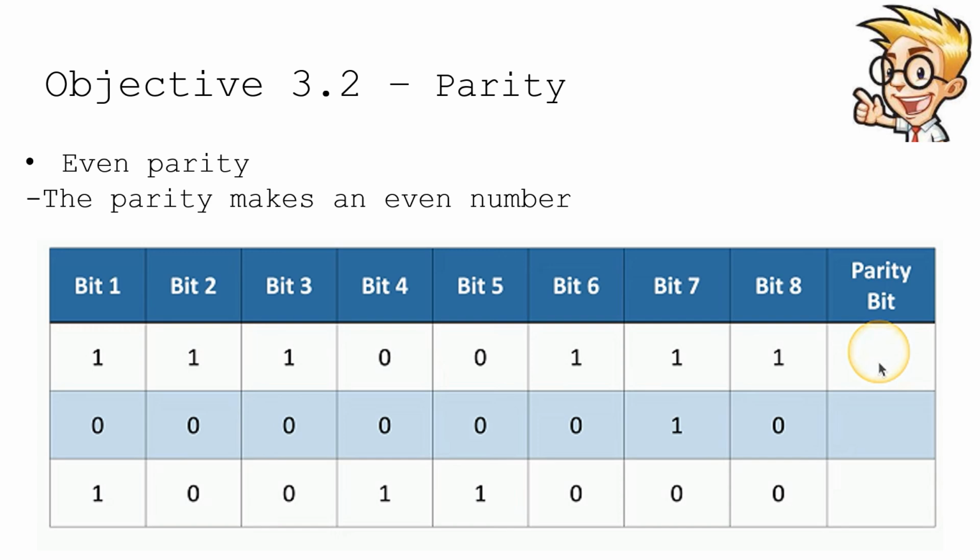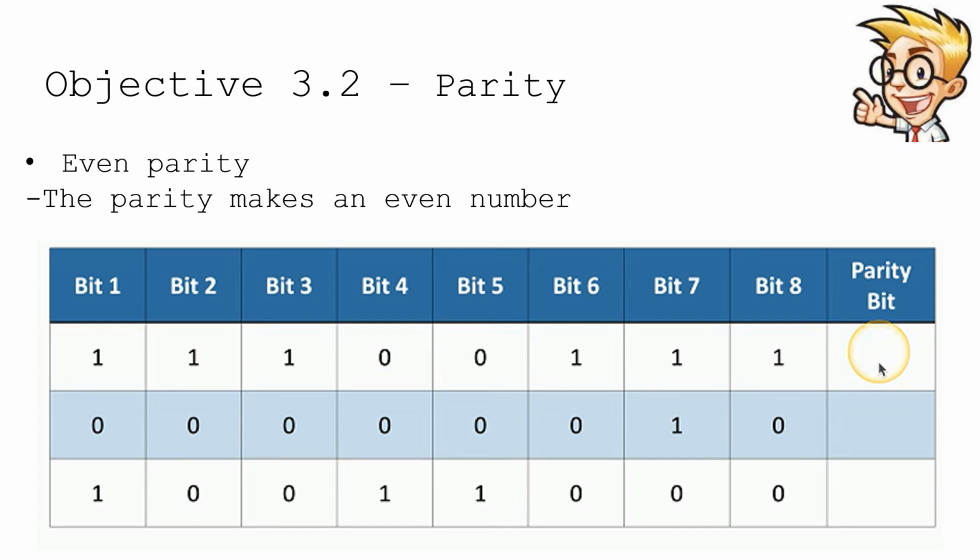Let's take the next bit of data down on the next row. This data is 0, 0, 0, 0, 0, 0, 1, 0. If we count the number of ones, there is a single one, which means there's an odd number of ones. To make this even parity, we need to add one more into the mix so that we have an even number of ones in this data.